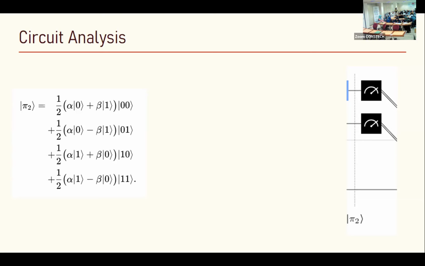Now the next question: I need to measure the isolated two qubits, keeping alpha ket 0, beta ket 1 at one side. Can you tell me what is the probability of getting 0,0? How did you figure that out?